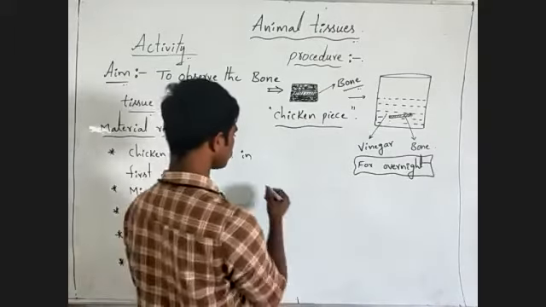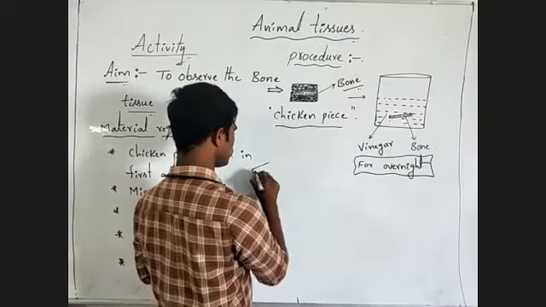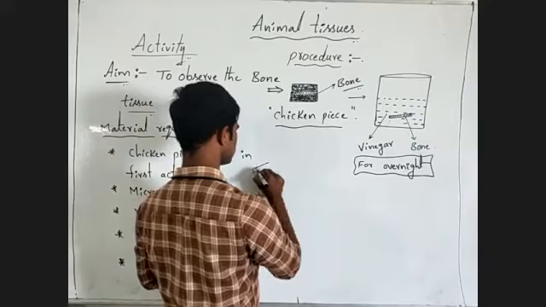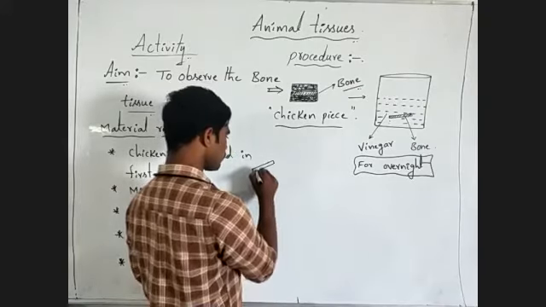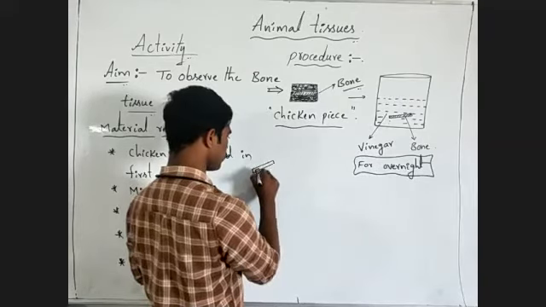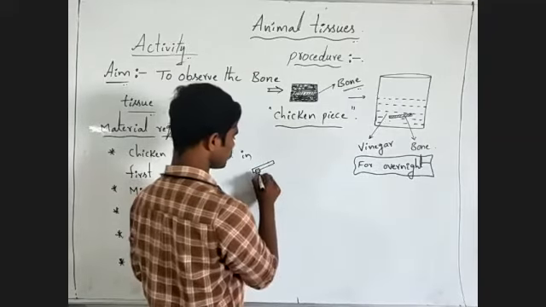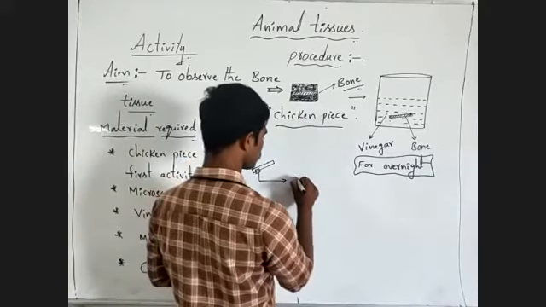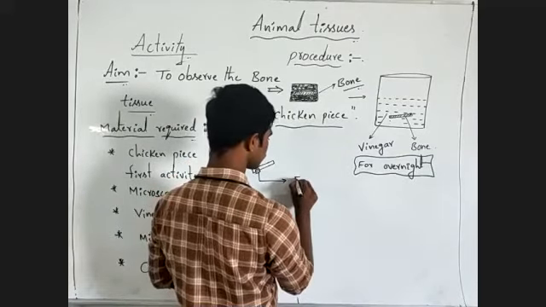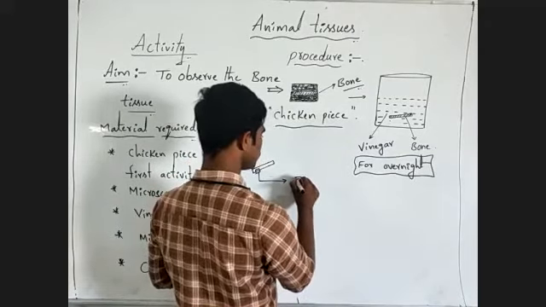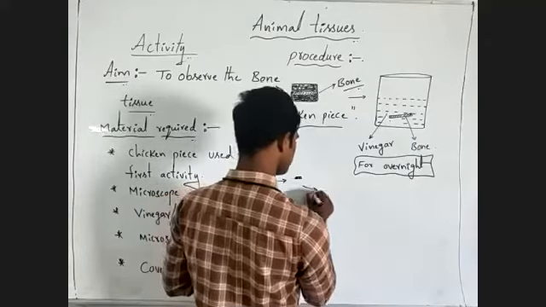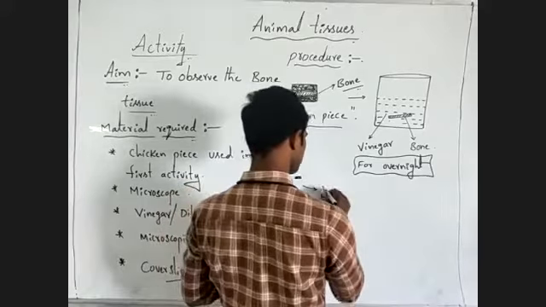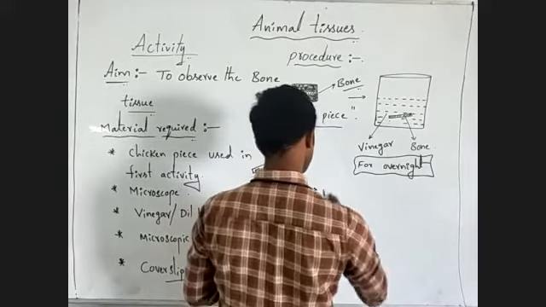Next, you have to take out the bone from the beaker. Now cut a small portion of the bone using the knife. Next, place the small portion of the bone on the microscopic slide.